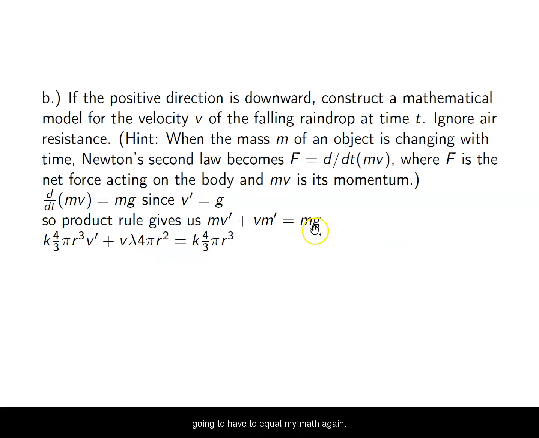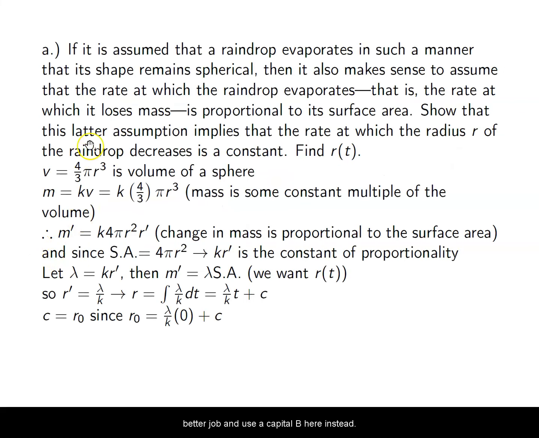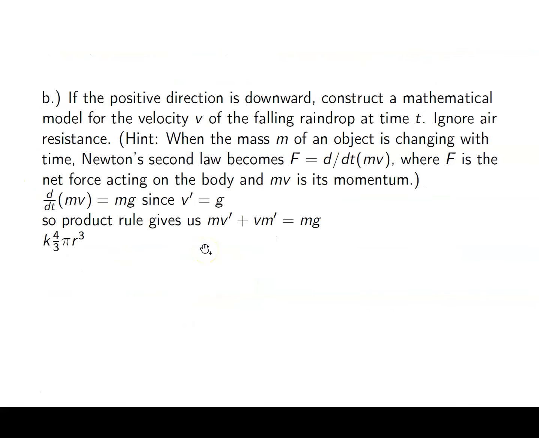And that's going to have to equal my mass, again, times gravity. So we're just using the values we had from the last section and plugging them in. You just have to realize that the v here is velocity, whereas the v in the last one is volume. So I probably could have done a better job and used a capital V here instead. Apologies for that.